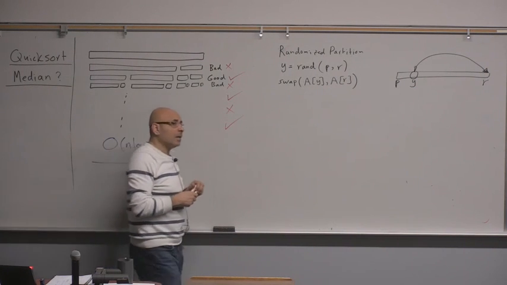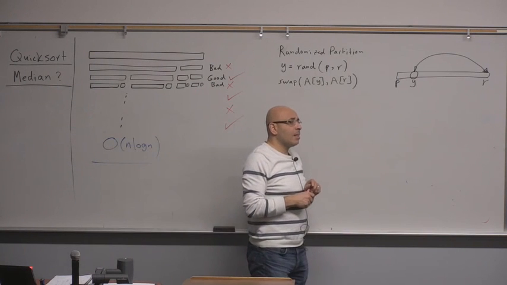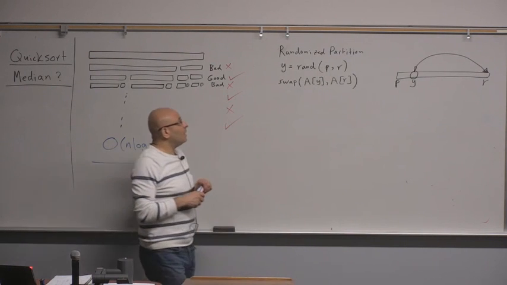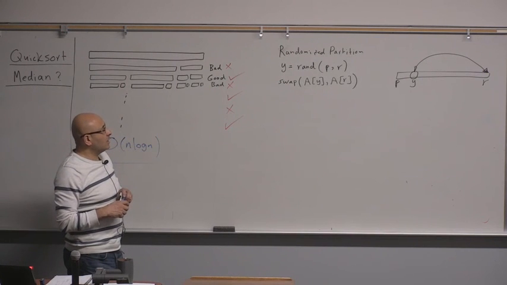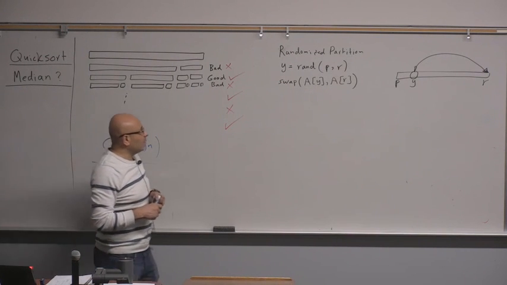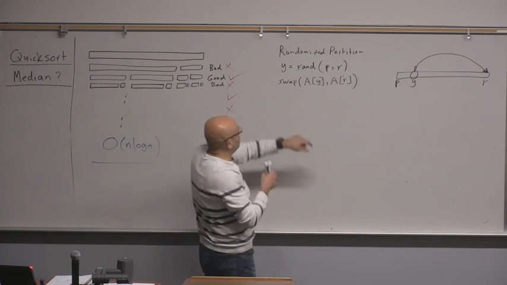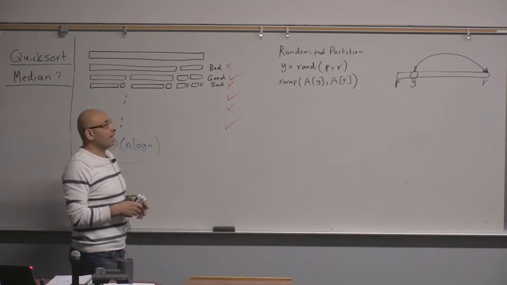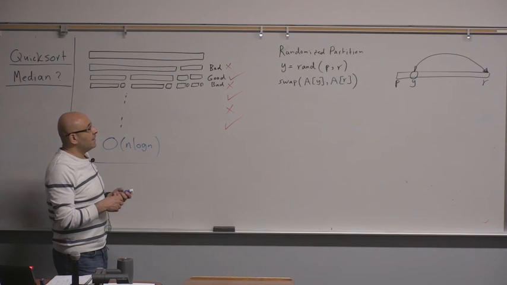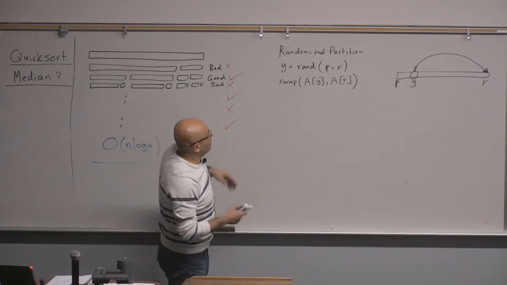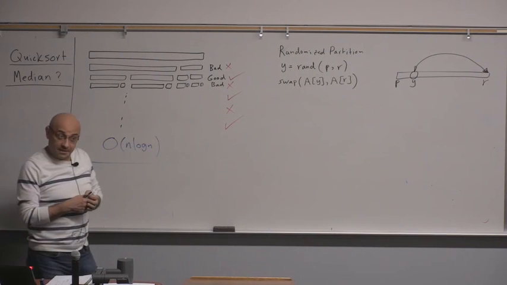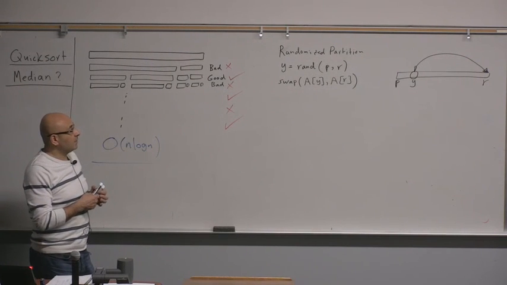Is there a cost for the random function? Well, that's a good question. So in fact, when we analyze, we should account for the cost of any function that we call, and here we will assume that it's fast enough because it's based on lookup tables.